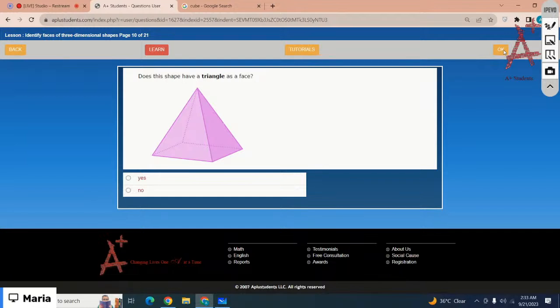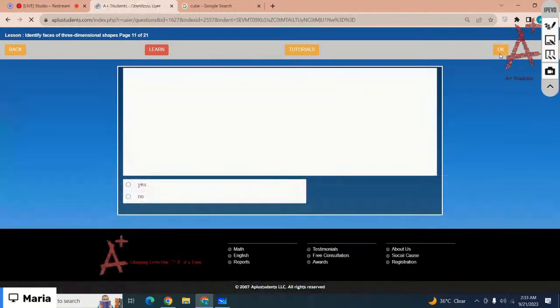The correct option is yes. Does this shape have a square as a face? The correct option is no, right?